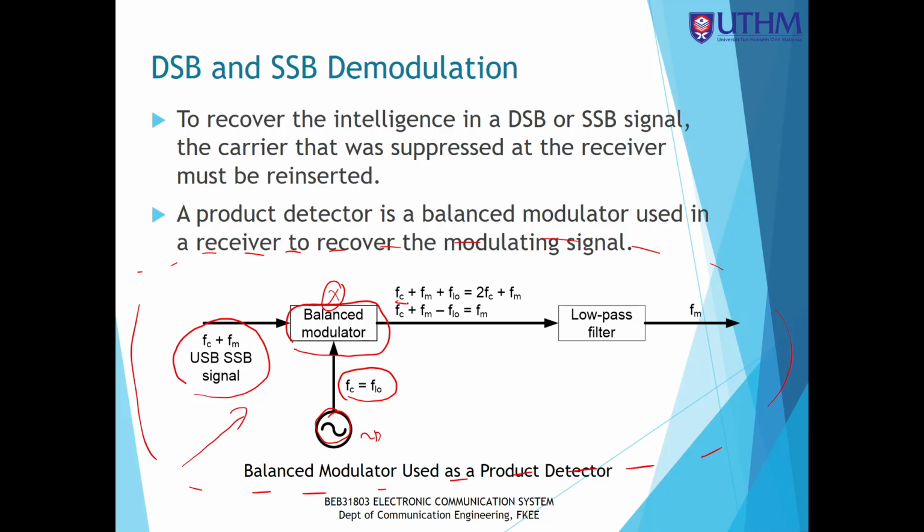You see that this is the input. So this is FC plus FM, which is from the input, plus FLO, which is the local oscillator frequency. This is the upper sideband, and then the parameter here is FC plus FM minus FLO.